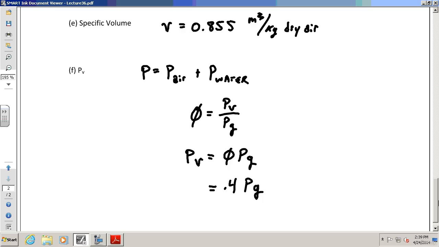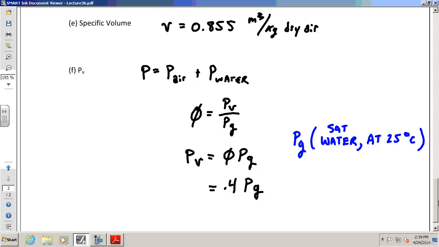So then the question is, how do I find the saturation pressure? Use the tables. The saturation pressure, P_g, is the pressure of saturated water at 25 degrees Celsius.